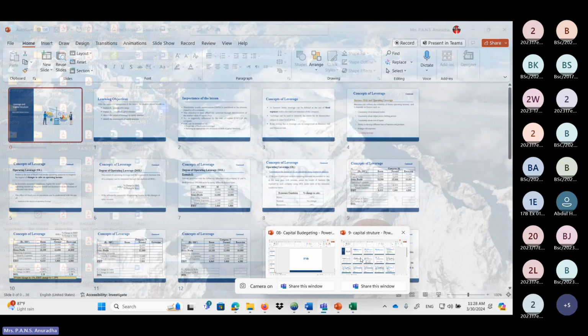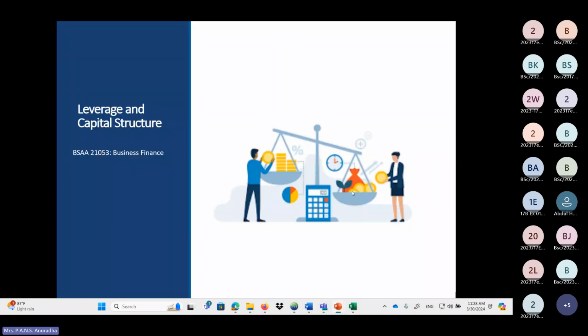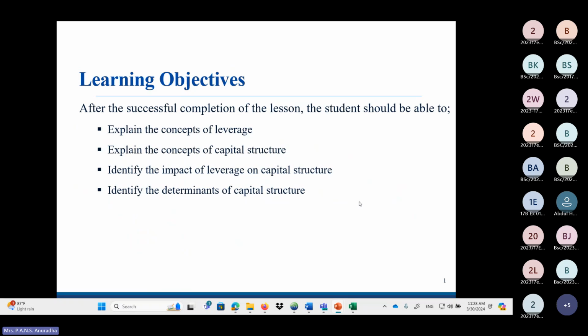Under this capital structure, I'm just explaining a few concepts only because we are not going into a deep analysis. That is the last lesson. With the time, I think we have no time for working capital and the other two topics. Under this, you will learn what leverage is, conceptually.